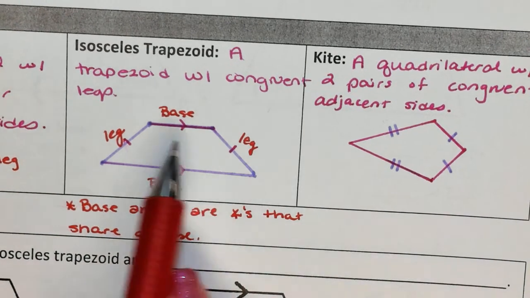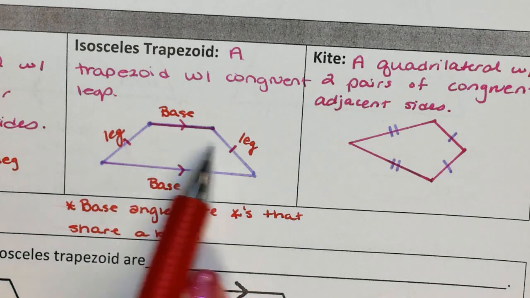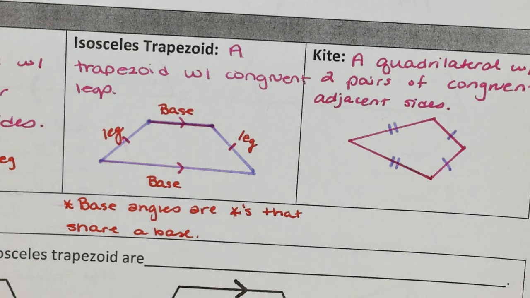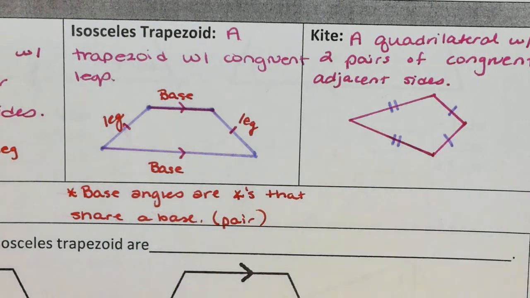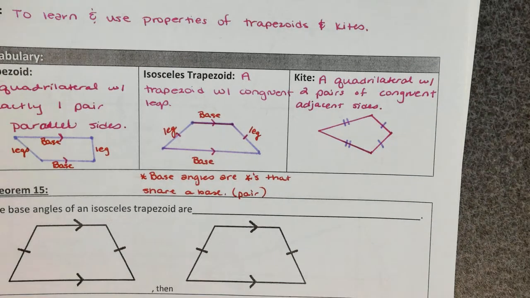And then this is a base, so the angles at both ends of those are also base angles. They're pairs. You kind of have to know that because Theorem 15 talks about base angles. Make sure to make that note in there.